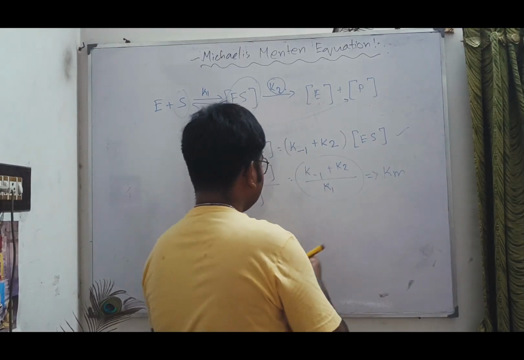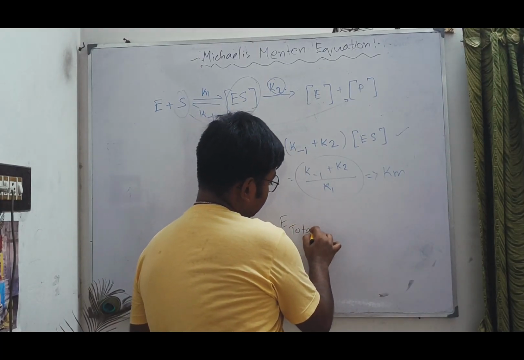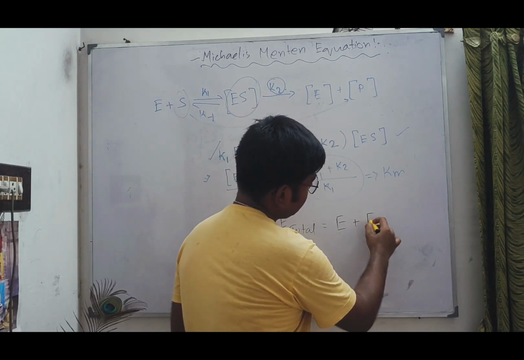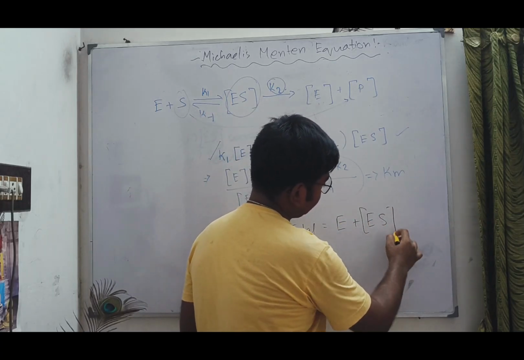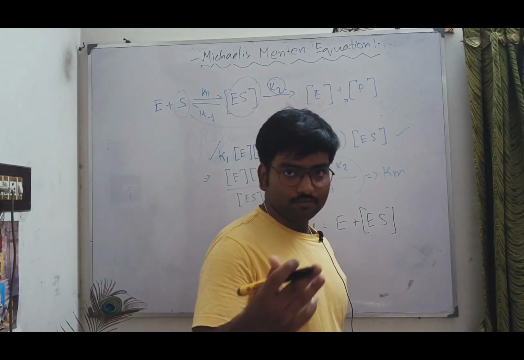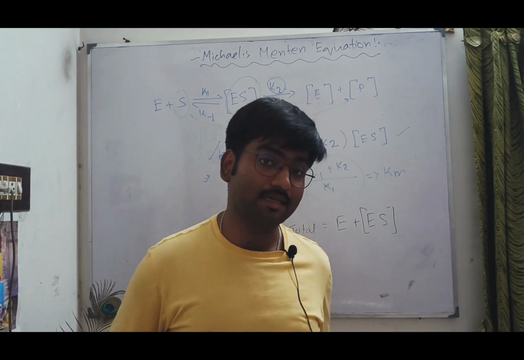Total enzyme, that is E total, equals free enzyme plus enzyme substrate complex. I guess this is quite new to all of you, but it is not that new. Let me explain all the things properly.